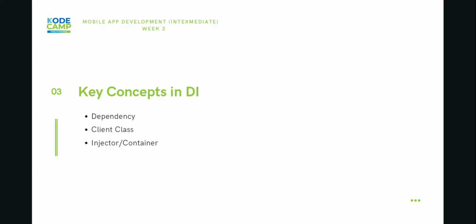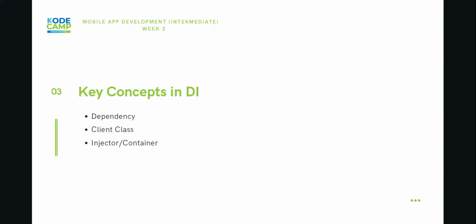Of course, you can actually manage it manually by yourself, or use a dependency injection framework, which we'll look at towards the end of this slide, right? So these are the concepts of DI. The dependency, which, like I said, is just an object that another class depends on to perform its task. The client class is a class that depends on a particular dependency for it to actually function, right?